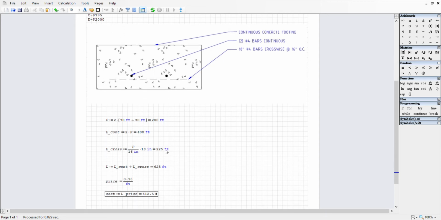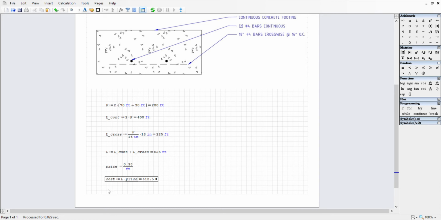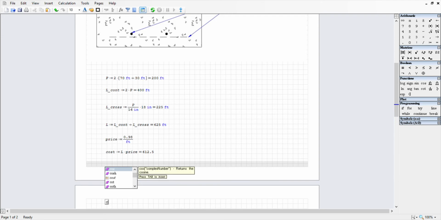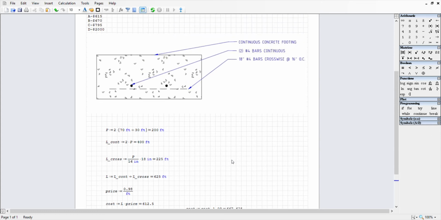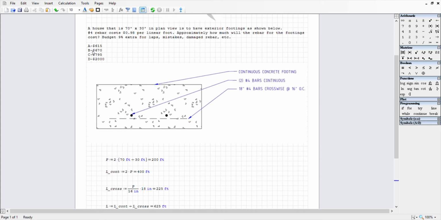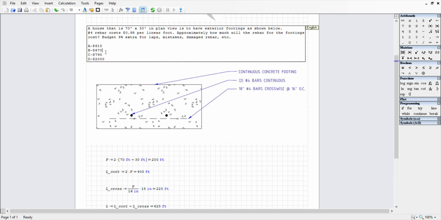So we basically just need to take this cost and multiply it by 9%, so we'll just say the cost is the cost times 1.09, and that gives us 667. So let's come up here, B, 670 looks like the correct answer. I'll just say correct right next to that.